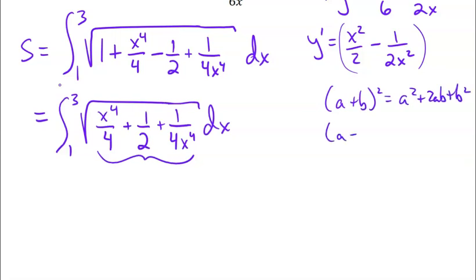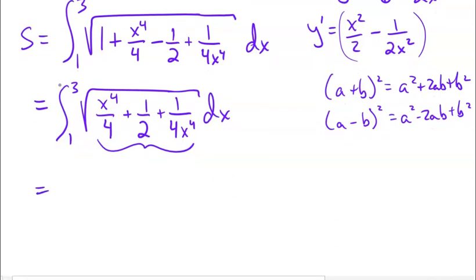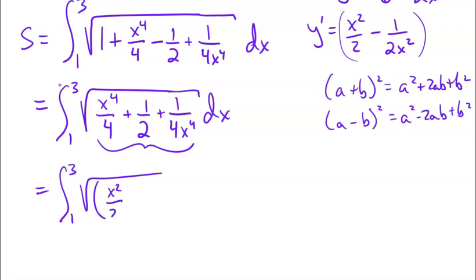Well, if I switch the middle sign, or going the other way, I guess, I would have a squared, and then this would be minus 2ab plus b squared. And so now, since I'm going from a negative 1/2 to a positive 1/2, that means that I know that this factors very nicely as the quantity, and then same as this, except different middle sign. So x squared over 2 plus 1 over 2x squared, and then that whole thing squared, okay?